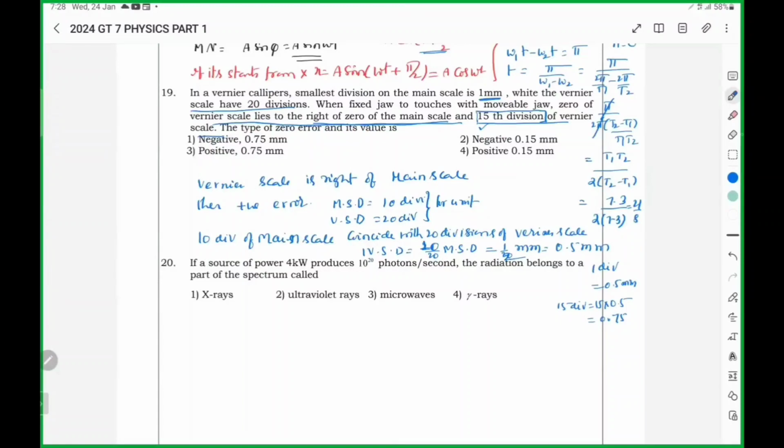It is a small mistake I made. So one main scale division is 0.05 mm, because he defined here that the smallest division is 1 mm, right?